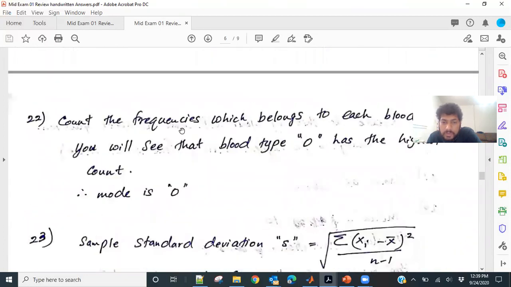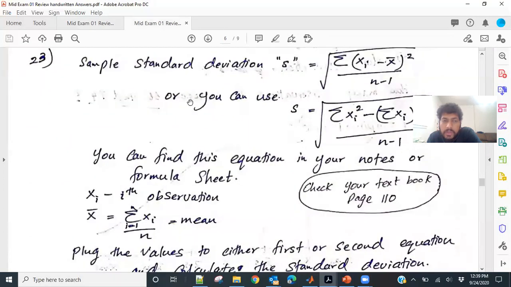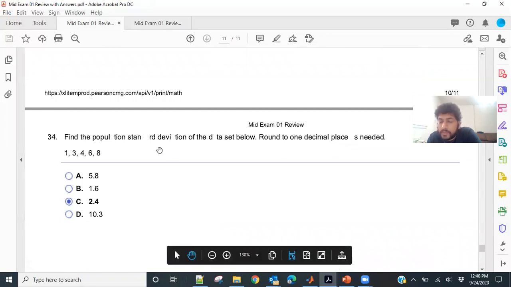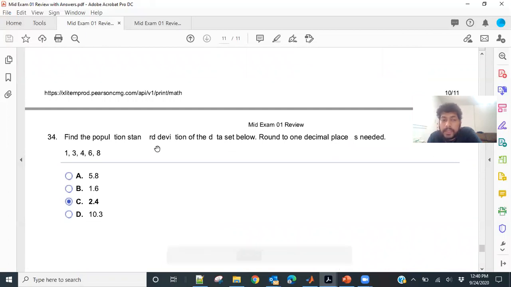So please go through that and make sure you are studying these particular questions and this particular theoretical part. This is the end of this review. If you have any question, you can ask, or you can simply email me just before the exam.